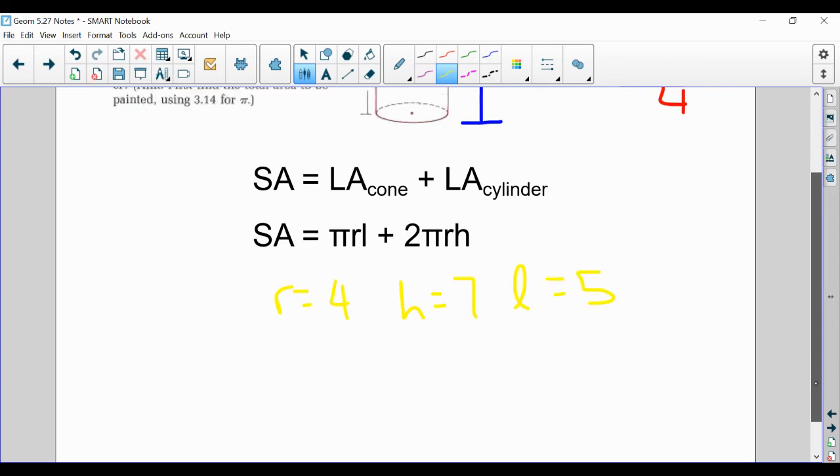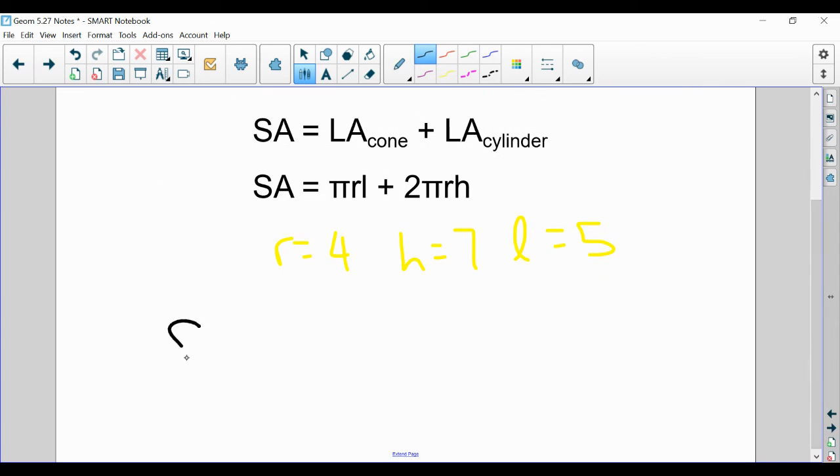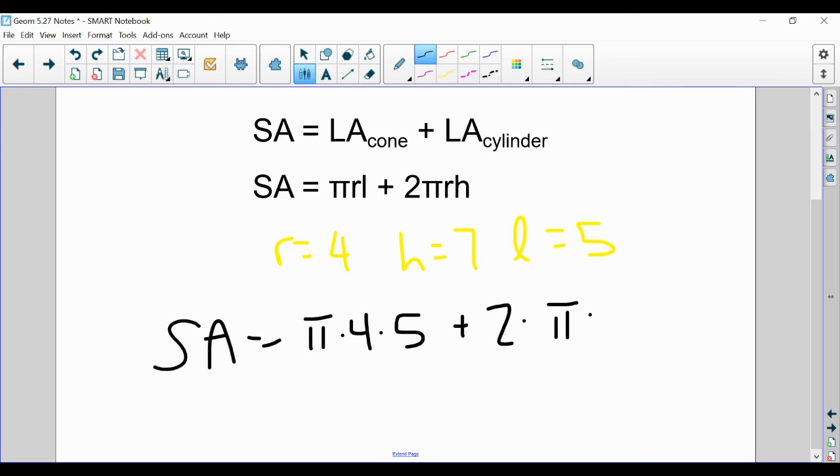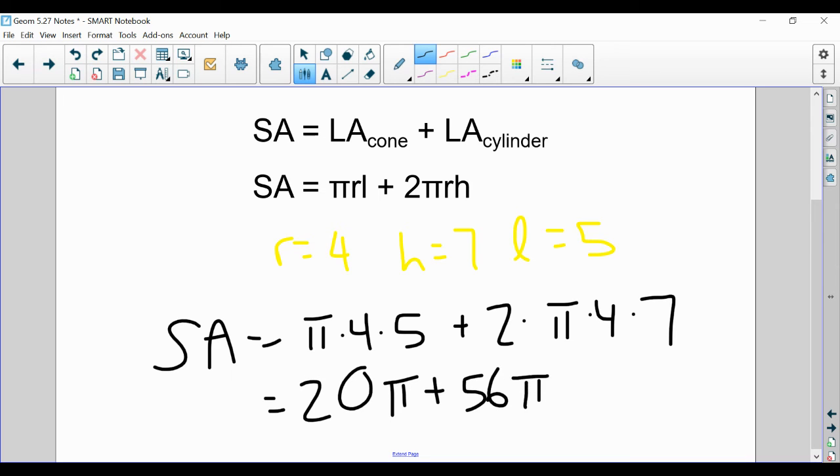So we have everything we need. My surface area is going to be pi times 4 times 5 plus 2 times pi times 4 times 7. So I'm going to get 20 pi plus 56 pi. And that is a total of 76 pi.